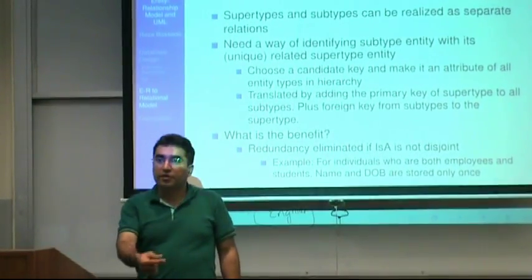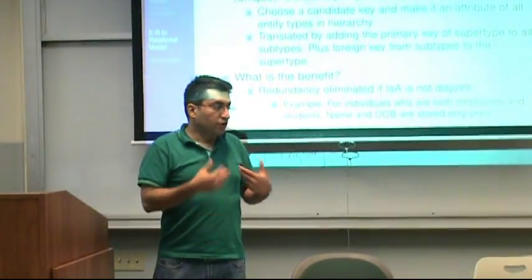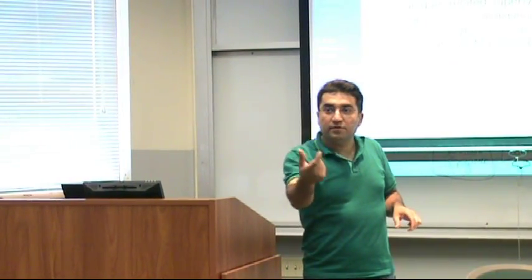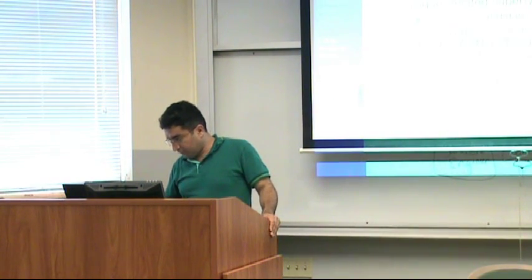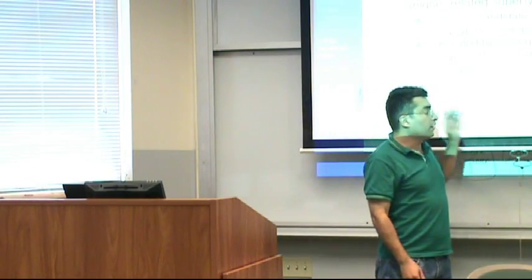From the subtype, you can use it as a foreign key, and you can find the person inside it. For example, when you have my personal ID, you can see my information in faculty. You can find my degree or the university that I graduated from. And then you can use the same key as a foreign key to the main relation and find, for example, my address or other stuff. What is the benefit of this? It eliminates the redundancy.